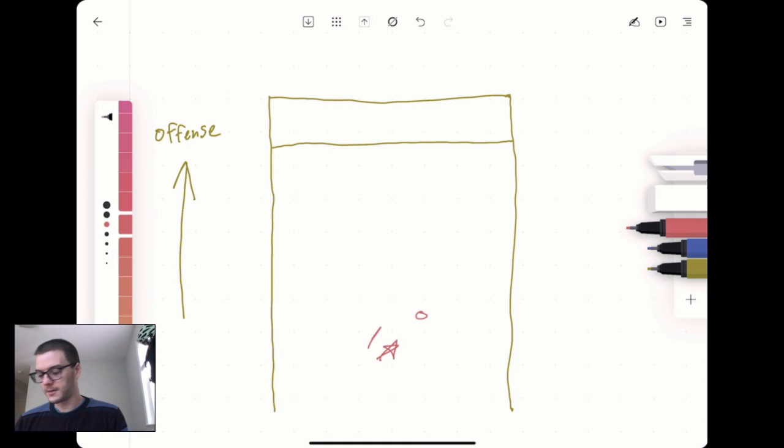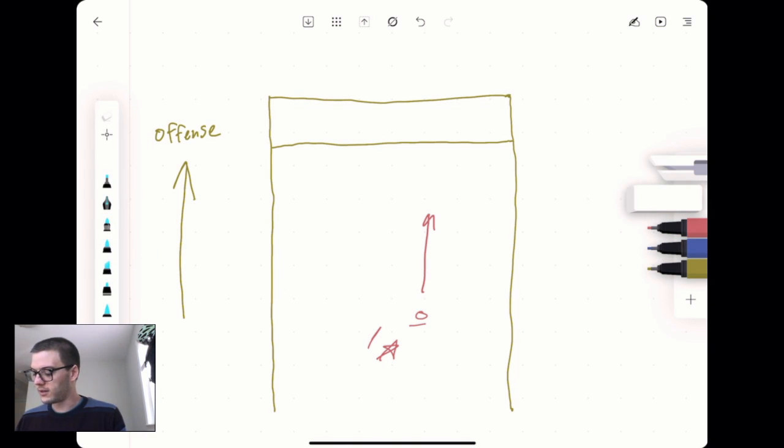The defender will probably place themselves right here, defending any attempt at attacking in this space. And if they go deep, the throw would have to be right over their heads. So I don't think that's that interesting.